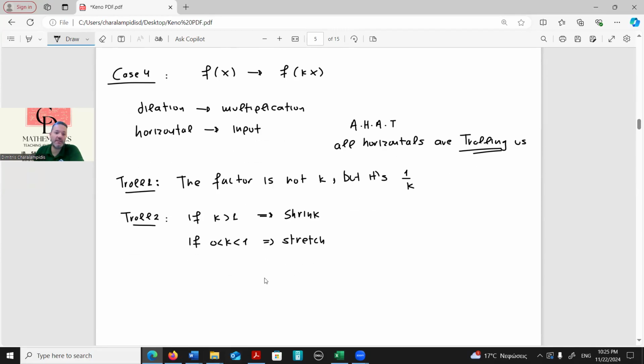Let's see some examples. From f of x, we move to f of 2x.